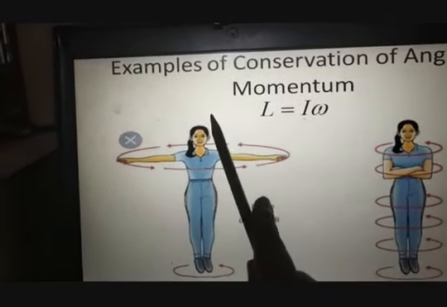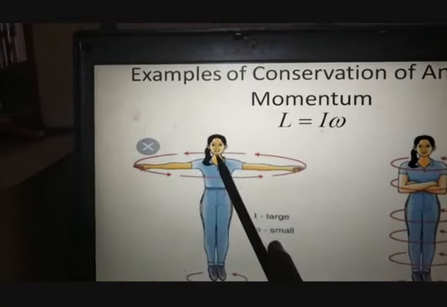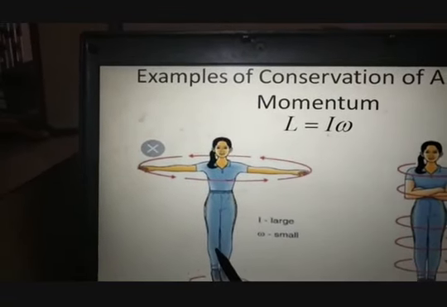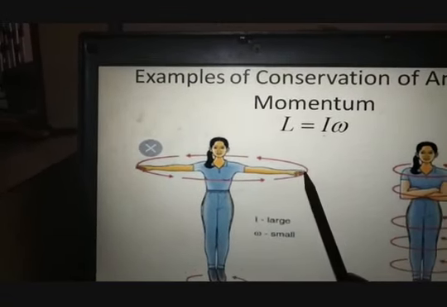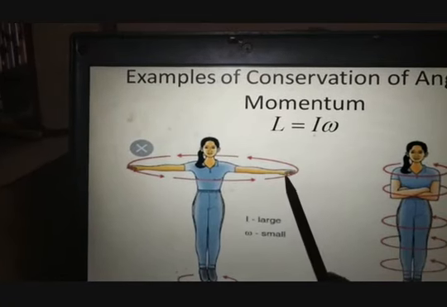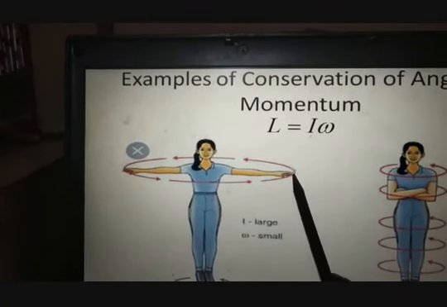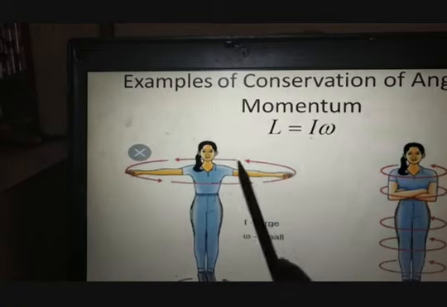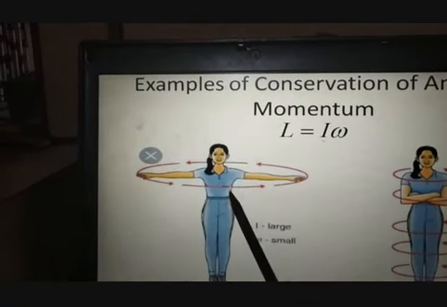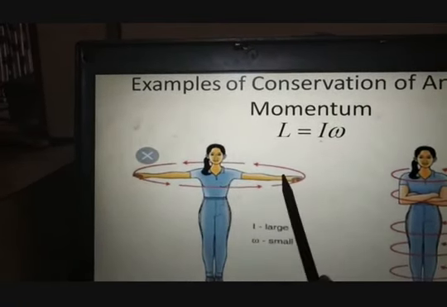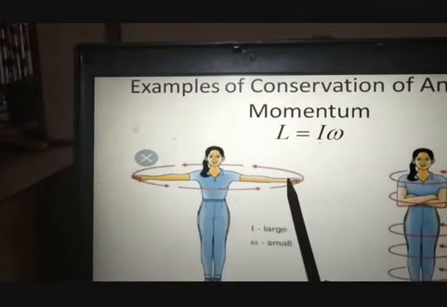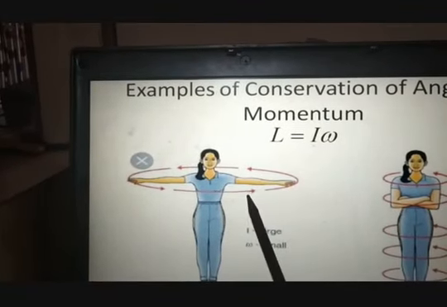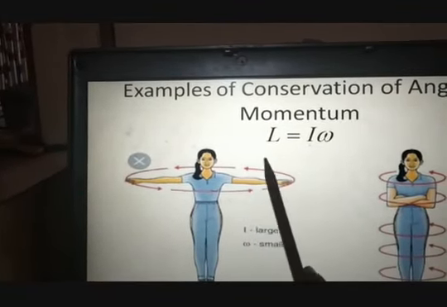Why so? If the axis of rotation is passing through the center of the dancer, and she stretches out her hands, then the particle over here, with respect to this axis of rotation, has a larger distance.